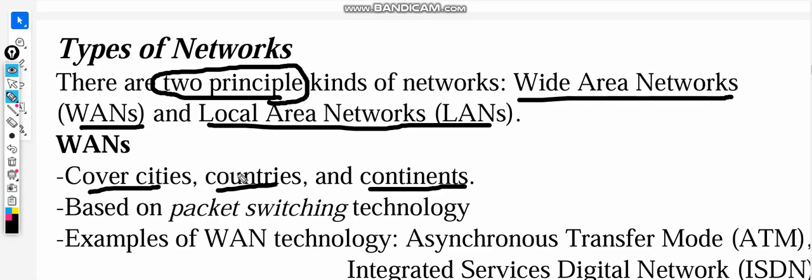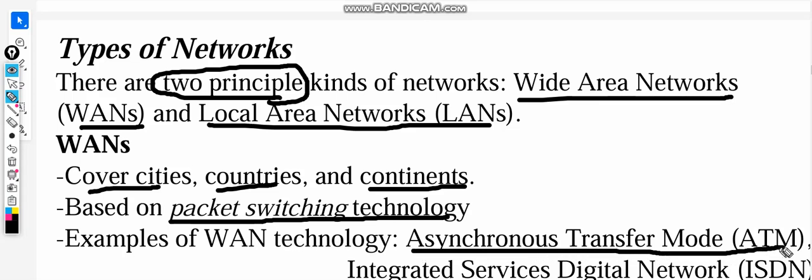WAN connects cities, countries and continents. This is based on packet switching technology. Examples of WAN technology are asynchronous transfer mode, ATM, and integrated services digital network, ISDN.